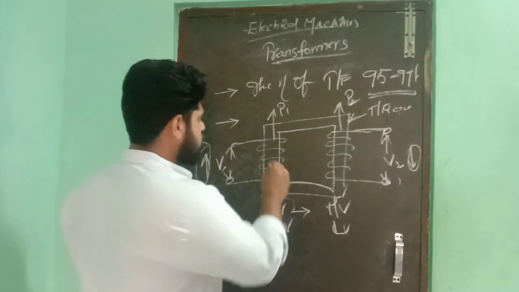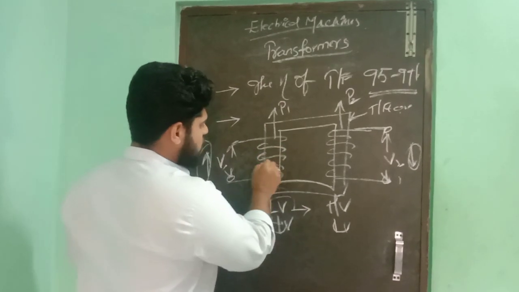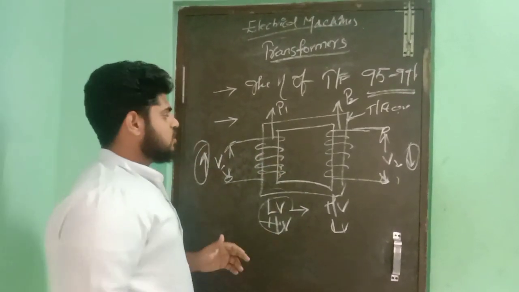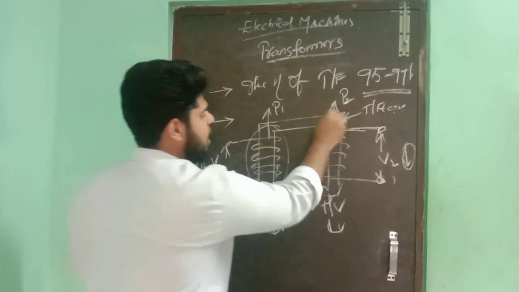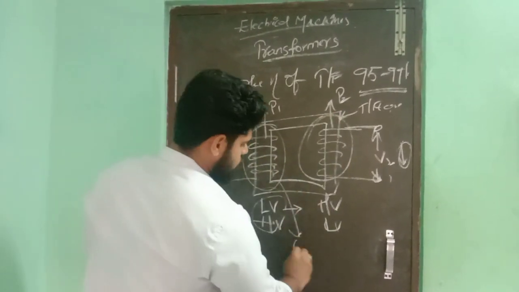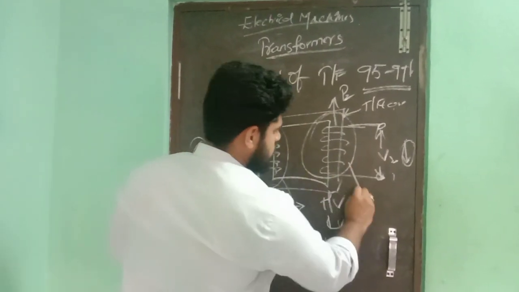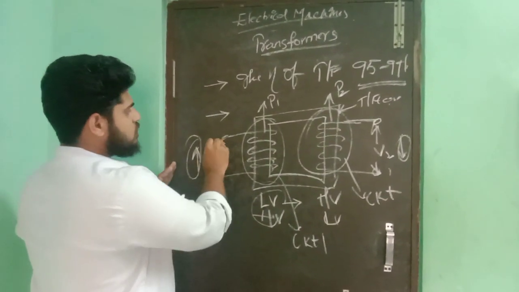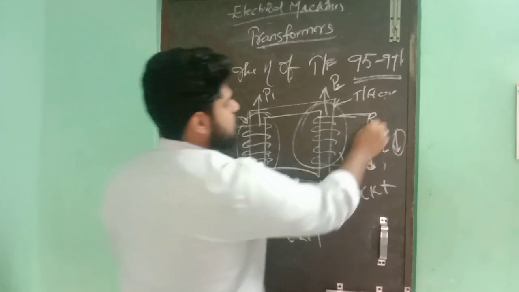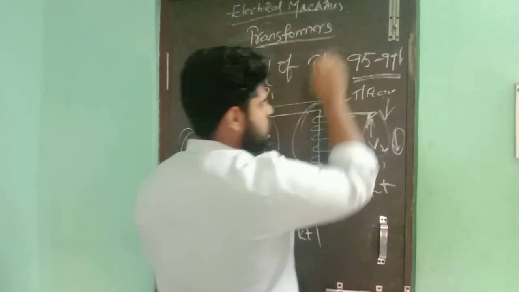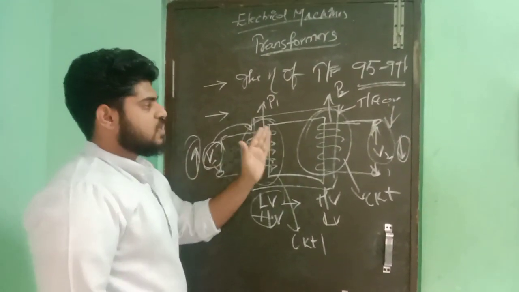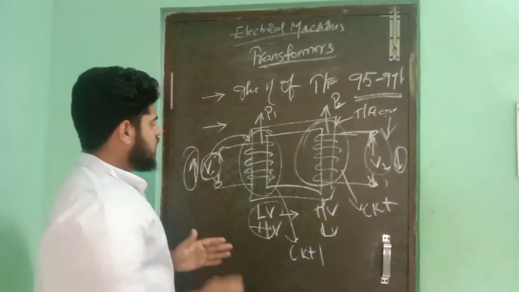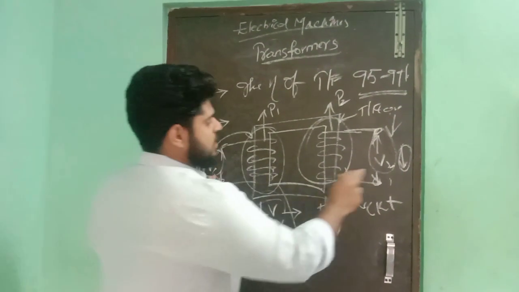Here, note this guys. In this transformer, the two windings are circuit 1 and circuit 2. It converts one voltage level from one circuit to another voltage level in the other circuit without change in the frequency. That is, by keeping the frequency constant, it converts one voltage level to the other voltage level.